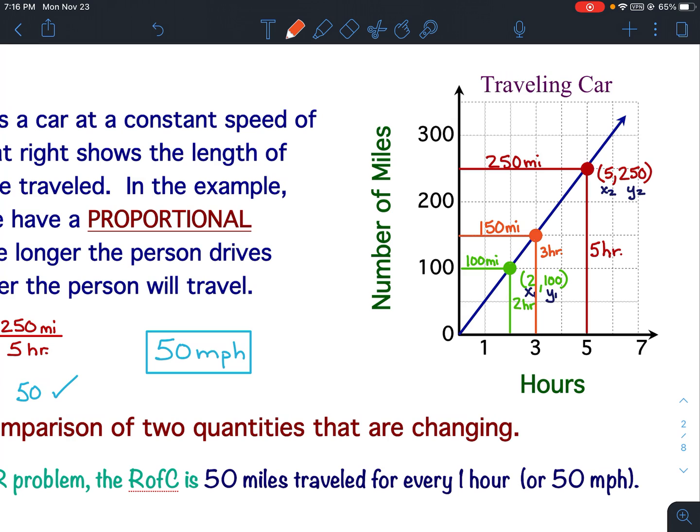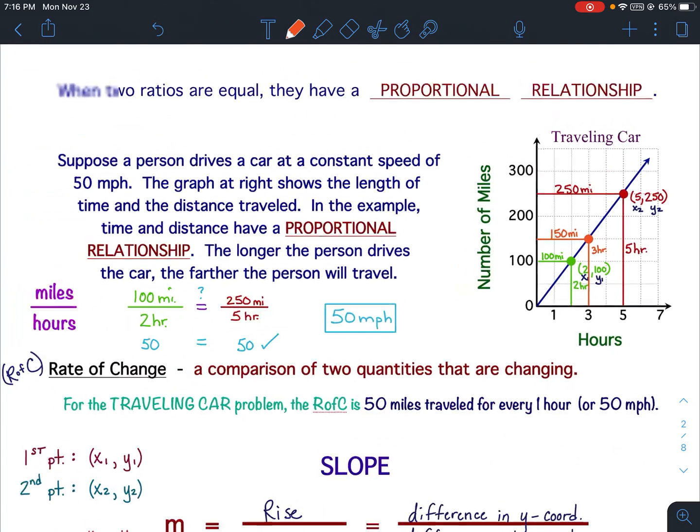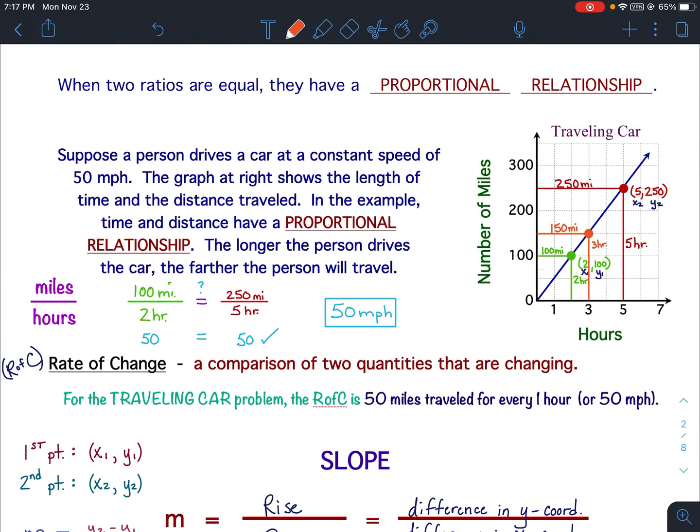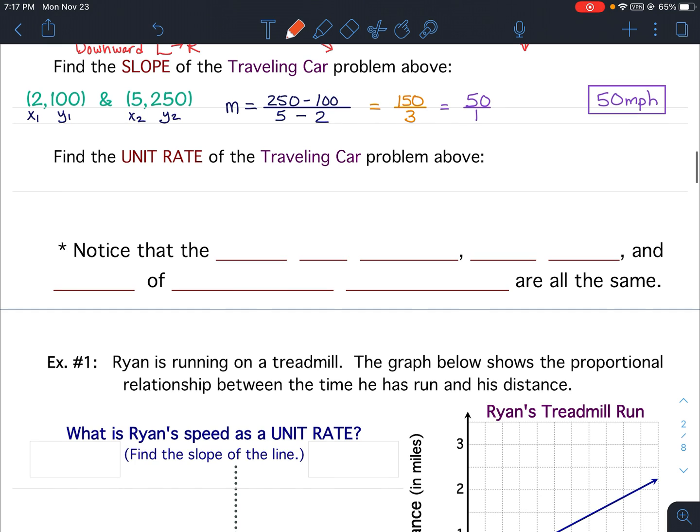So my rate, I'm going to put miles over hours because we want to find the miles per hour.